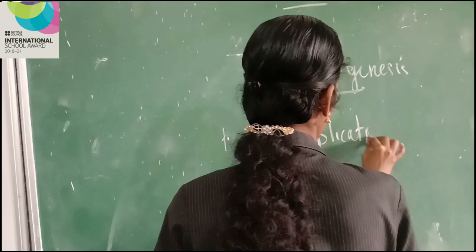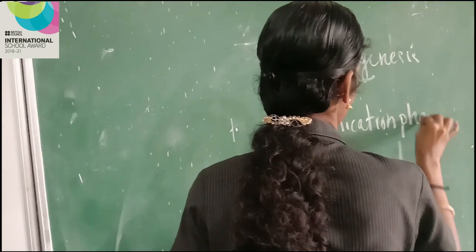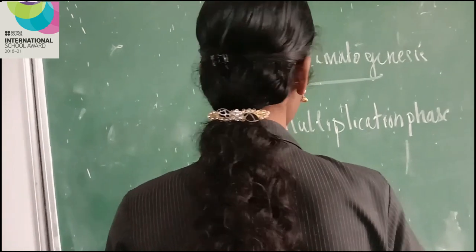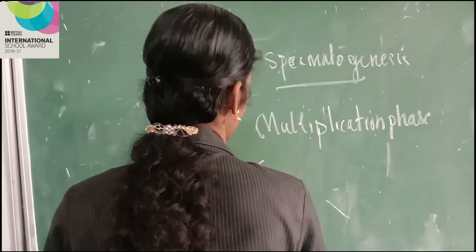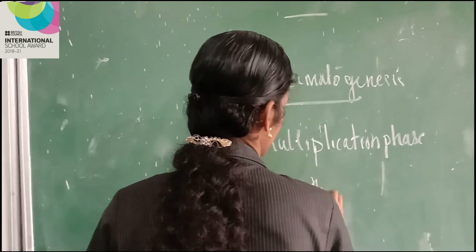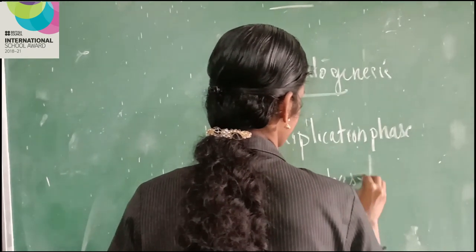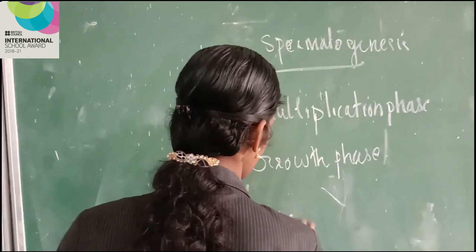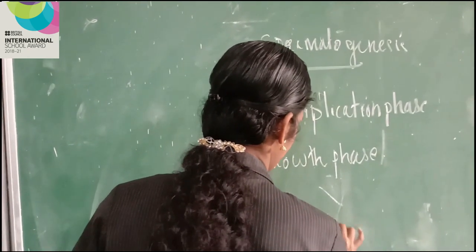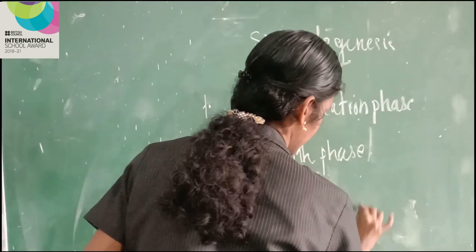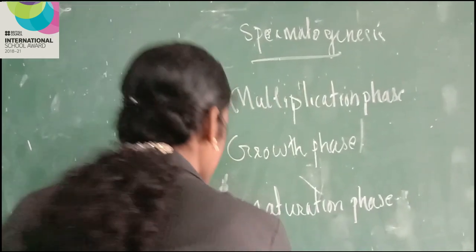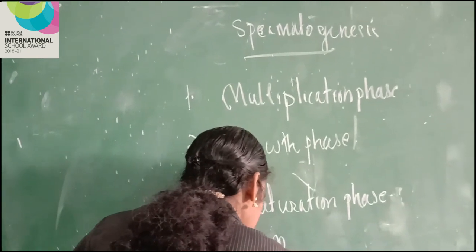And the second phase of spermatogenesis is growth phase. And the third phase of spermatogenesis is maturation phase. And the fourth phase of spermatogenesis is known as differentiation phase.